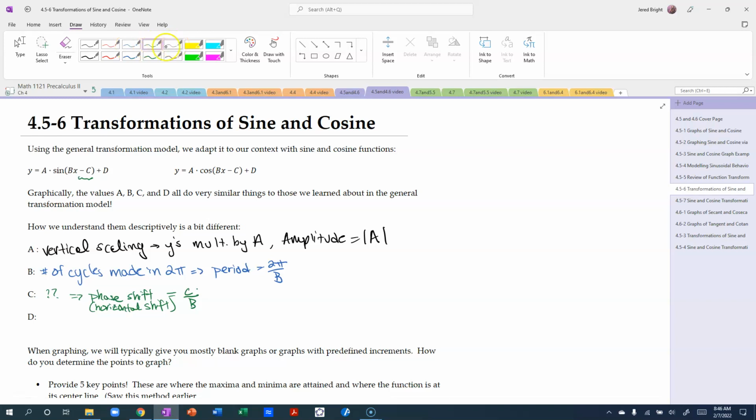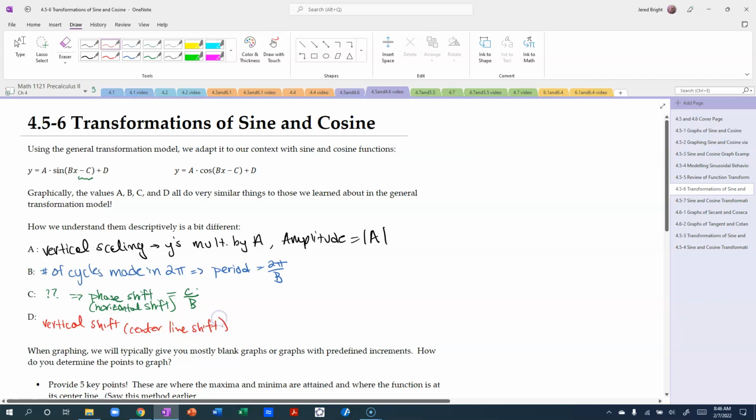And then D is still our center line shift, or vertical shift. D moves this up and down vertically.